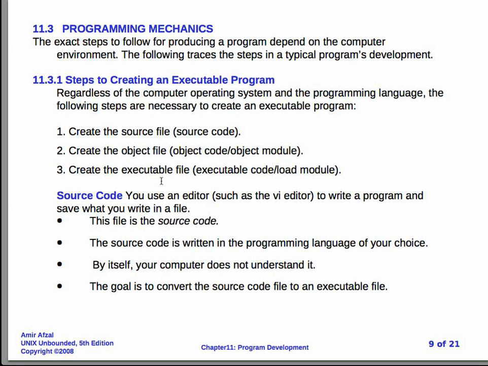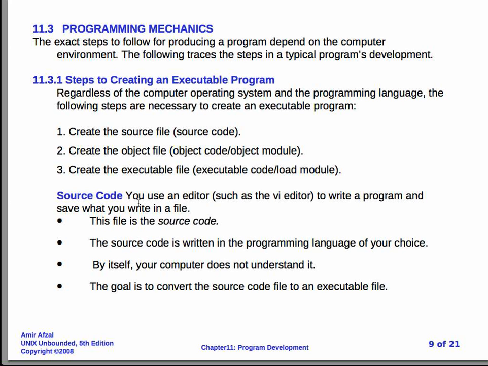Those of you who've used Eclipse to write programs, you use Eclipse to write the source, and behind the scenes, Eclipse creates object code and executable files, and then you run it. So Eclipse hides all of the details, and in this course we get to see all of the details behind creating executable files.